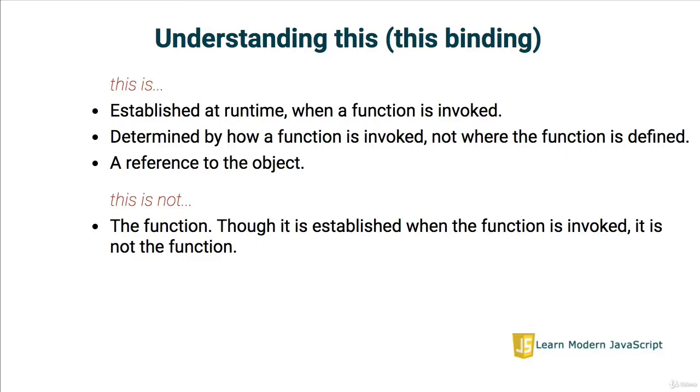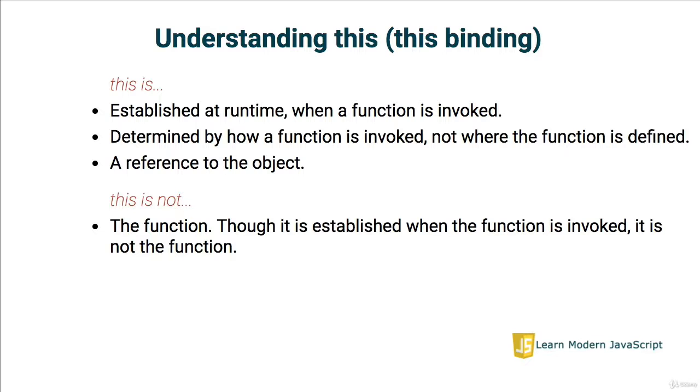But that's not always true, so I don't want to say that as a statement to cover what this becomes. Now, this will never be the function. Though it is established when the function is invoked, it is not the function. It is always an object.